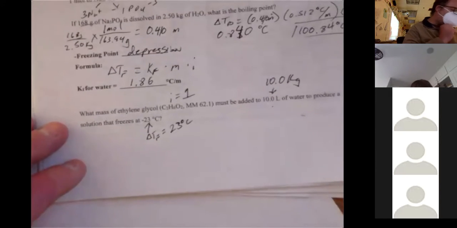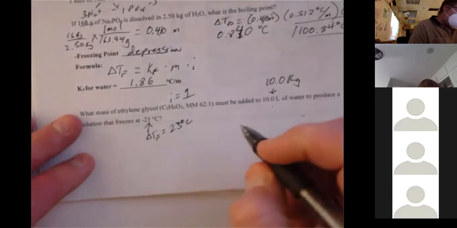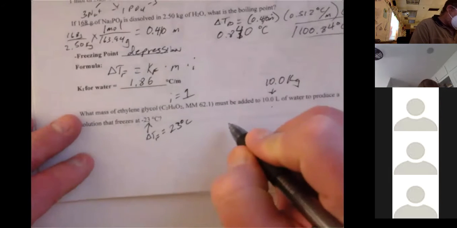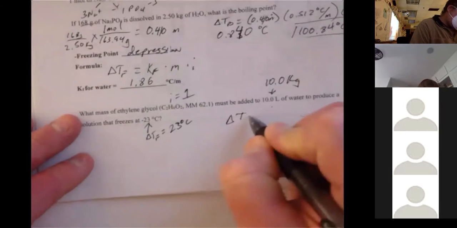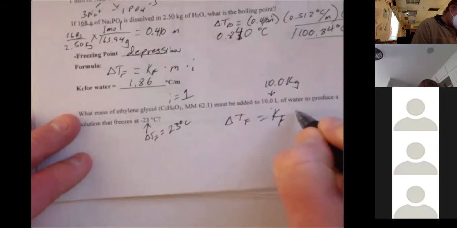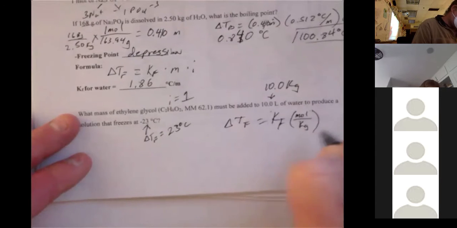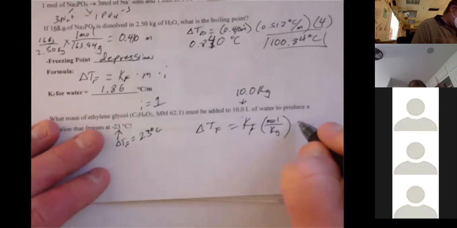All right, hopefully those of you at home got it too. So let's take a look here. I want to find the mass. So I've got the delta T of F equals K of F times moles over kilograms. And then the index is just 1.